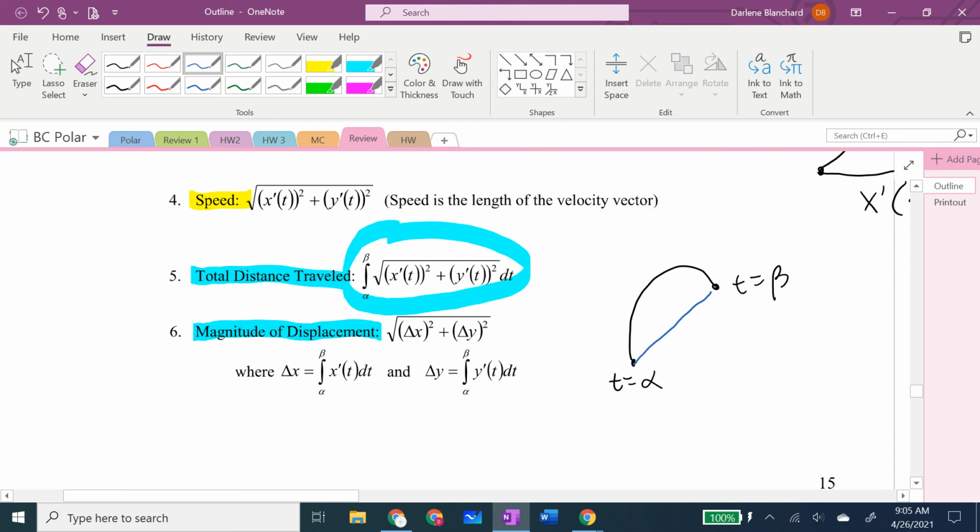And if you need to know the magnitude of the displacement, it's a nice big bowl of work. You've got to find your change in x, the horizontal, and your change in y, the vertical, and then apply the Pythagorean theorem to the two of them. So just take a good look at the difference between those.